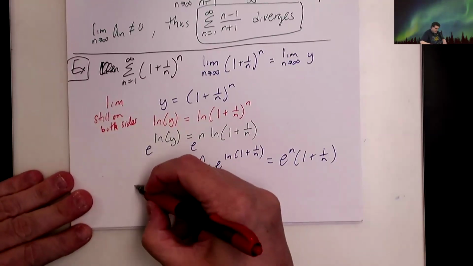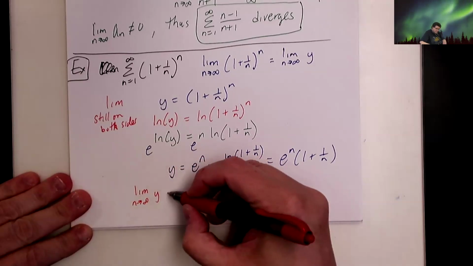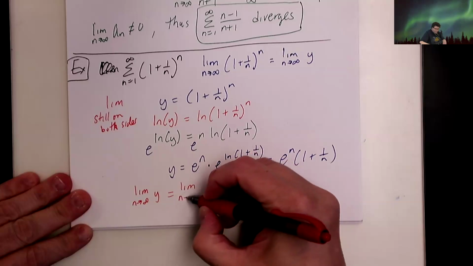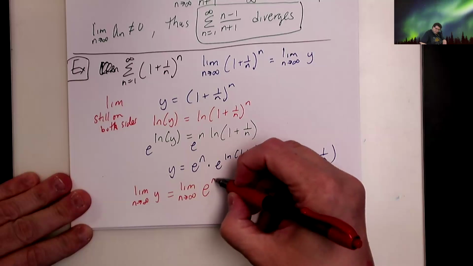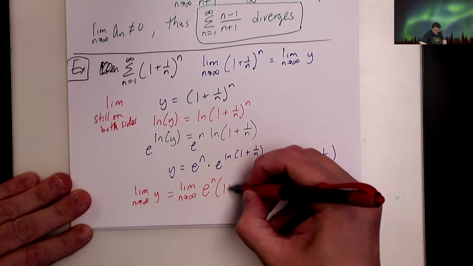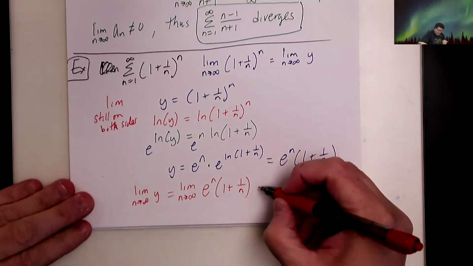So now if you look at your limit as n goes to infinity, I'm not getting e, I'm getting infinity.